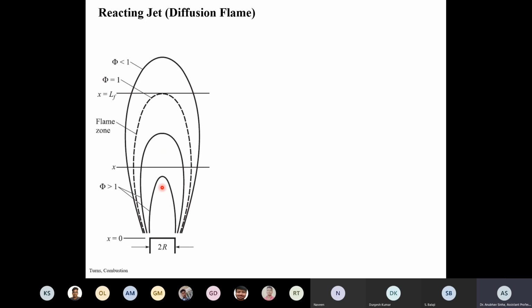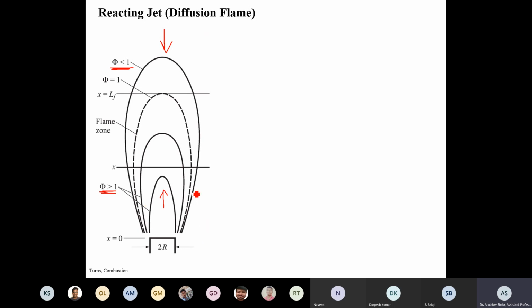But if I go out, we'll have more air and less fuel. Here air is coming and here fuel is coming. Fuel is coming from inside, air is coming from the surroundings. So in the outer regions, we have more air, or a lean mixture. If we go inside, we have a rich mixture, more fuel.